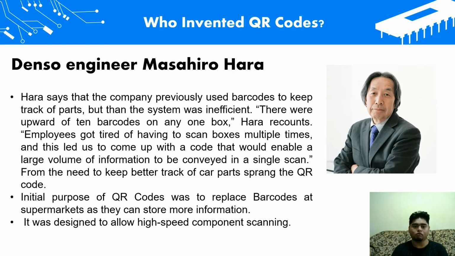Hara recounts, employees got tired of having to scan boxes multiple times, and this led us to come up with a barcode that will enable a large volume of information to be conveyed in a single scan. From the need to keep better track of car parts sprang the QR code. The initial purpose of QR codes was to replace barcodes at supermarkets as they can store a lot of information. It was designed to allow high-speed component scanning.